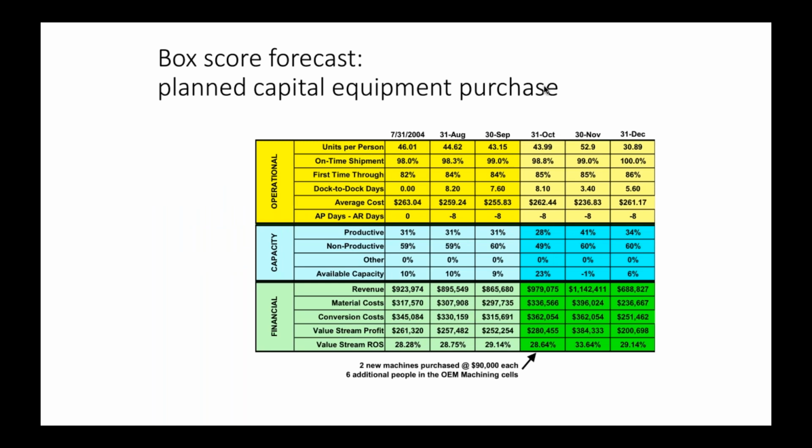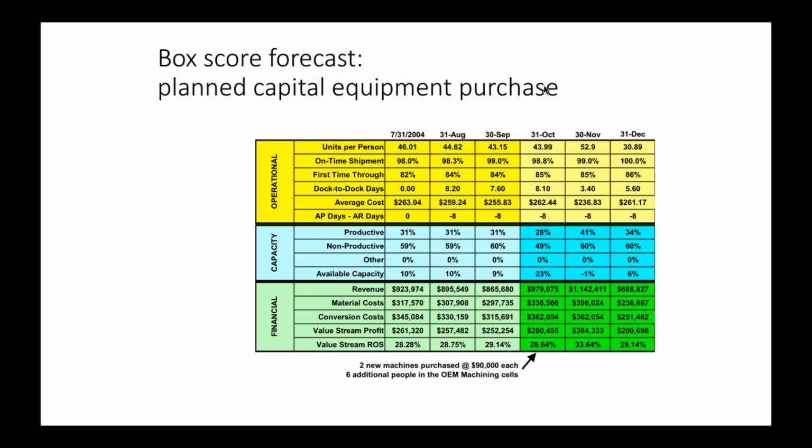As you can see, our conversion cost goes up and our value stream profit goes down a little bit compared to September, but in the long run, we're going to be okay with our capacity. Now, you'll still note in November, there's a negative 1% available capacity because of this really out of trend spike in demand.